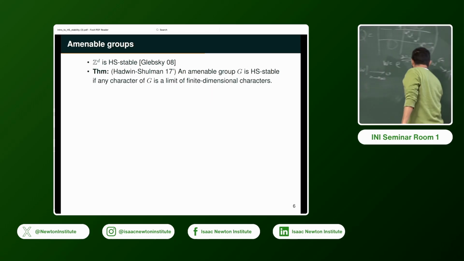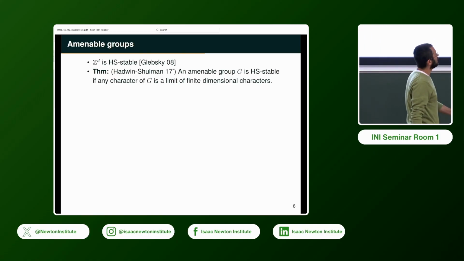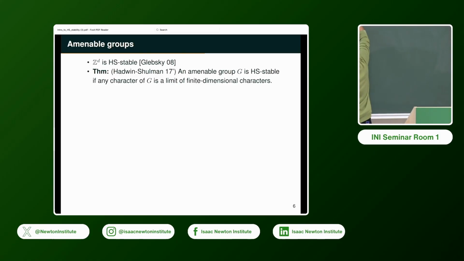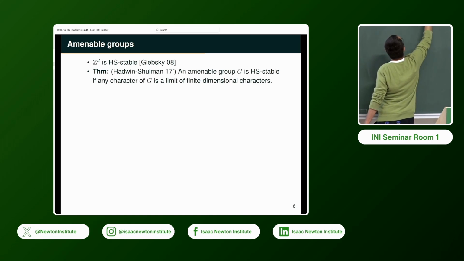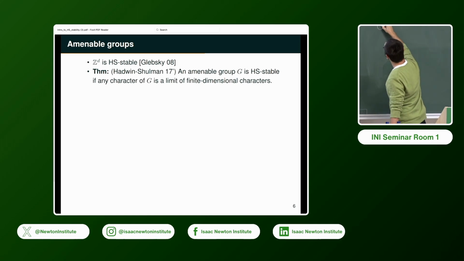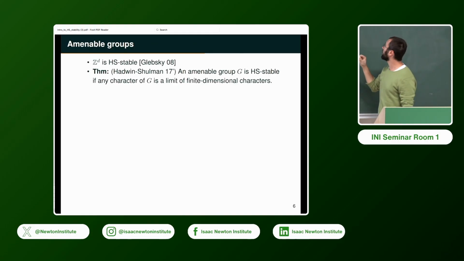Maybe I'll say first, what is a finite dimensional character? So what are finite dimensional characters? These are something which you're quite familiar with. When you have a group G, you represent it into a finite dimensional unitary group.